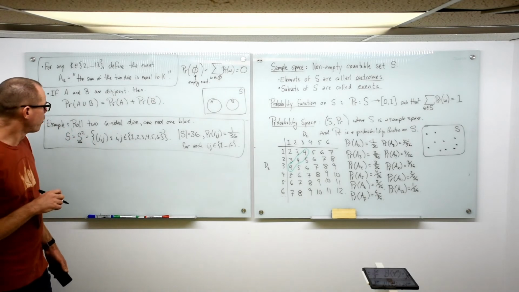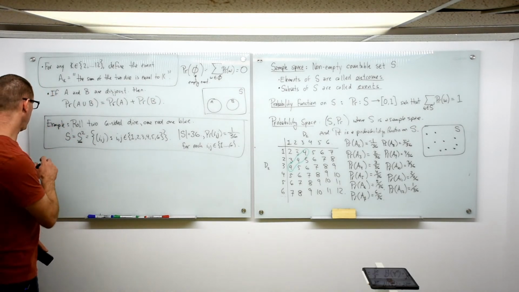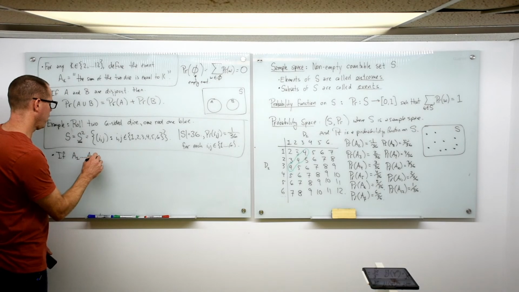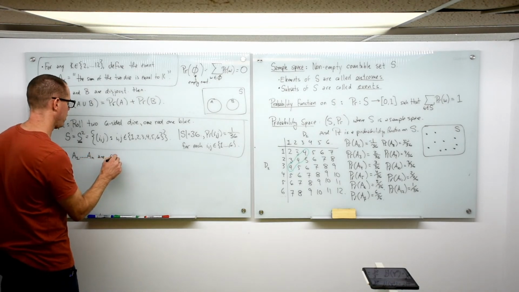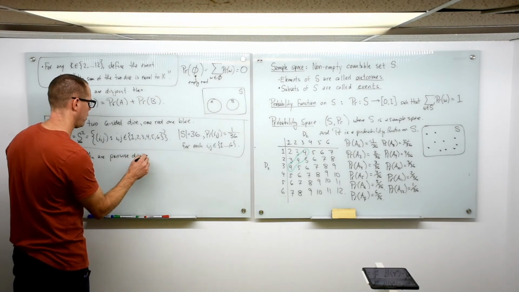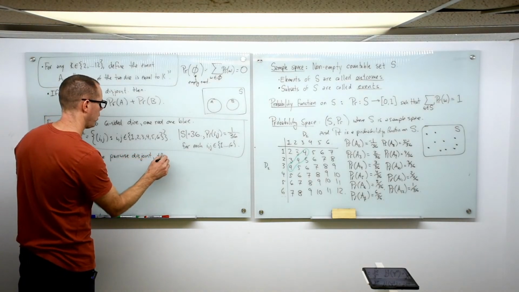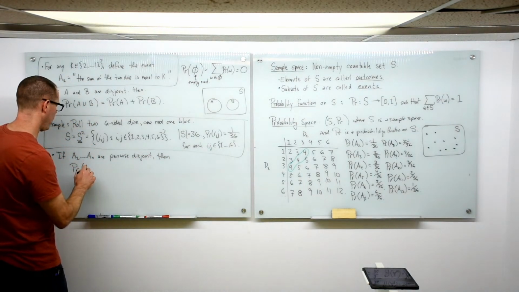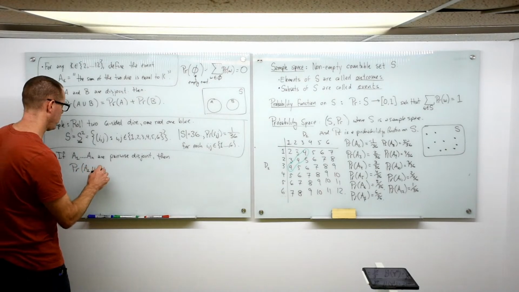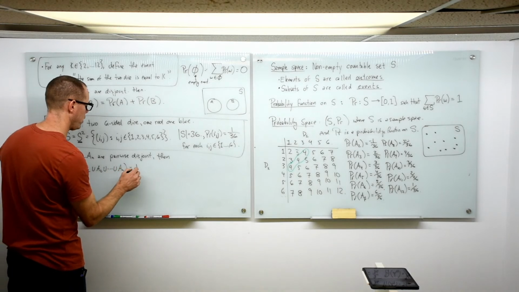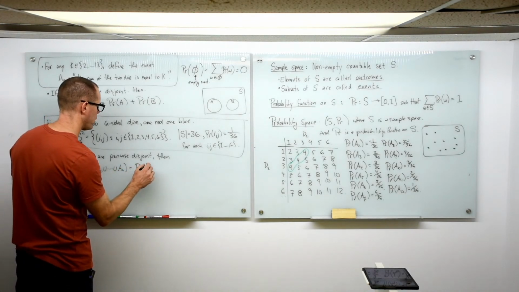And more generally, if A1 up to AN are pairwise disjoint, then the probability of A1 union A2 union and so on union AN is just equal to the sum of their individual probabilities.